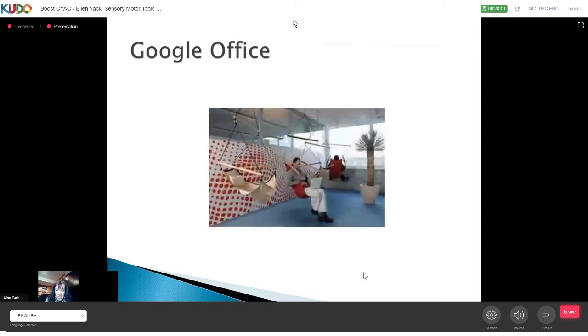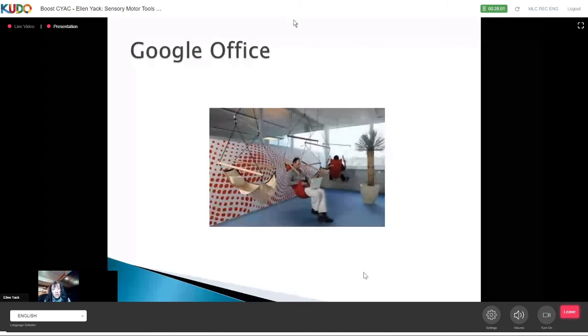They have swings. And the swings aren't just used for break or for calming, because rhythmic, repetitive movement also helps organize the nervous system and focus attention on a task. So some individuals might use this swing during their day if they're losing focus on their task.